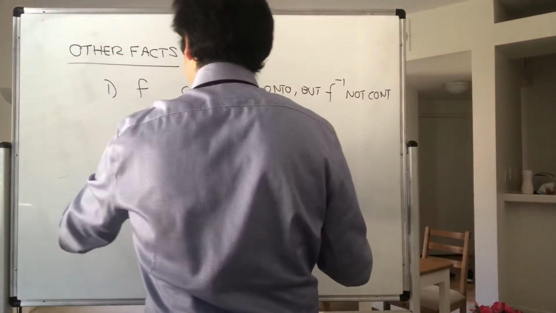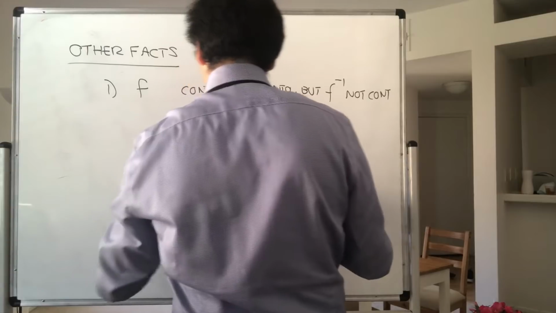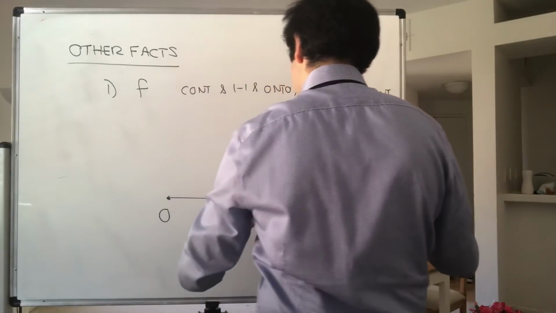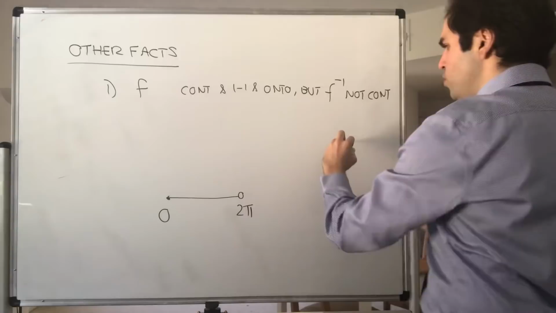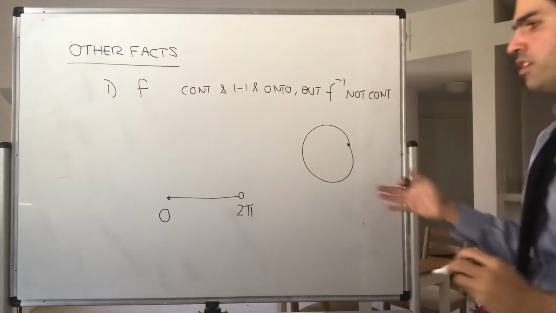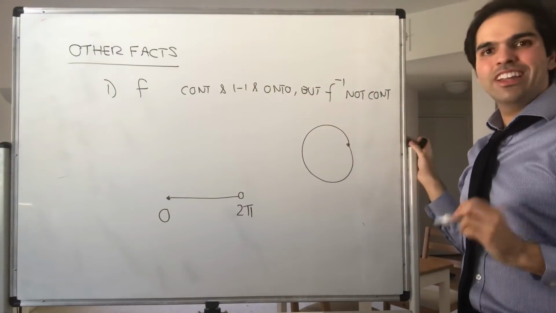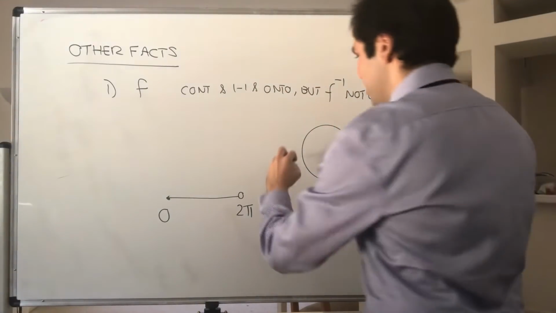Okay. So the point is, this is very important, and let me give you an example. Take, for instance, the interval [0, 2π) and the unit circle. I want to give you an example of a map that's continuous, one-to-one, and onto, but whose inverse is not continuous.